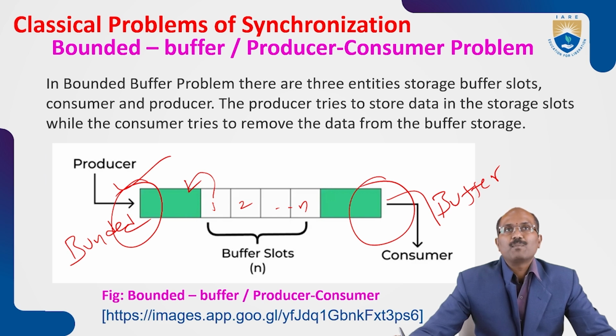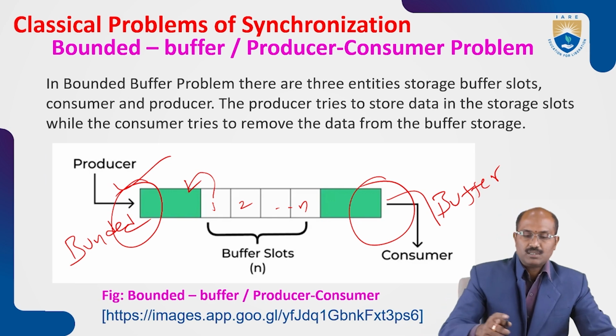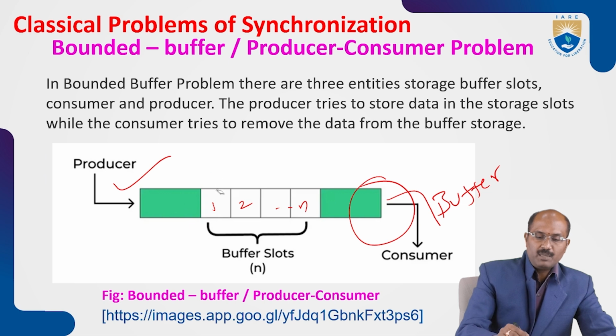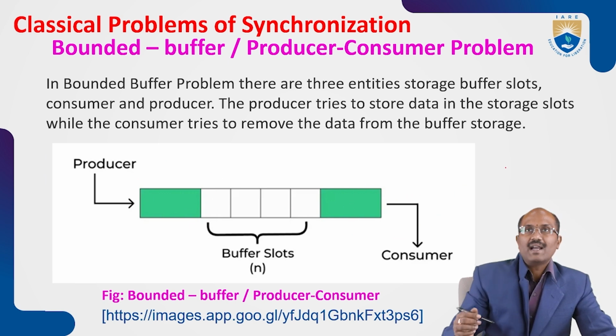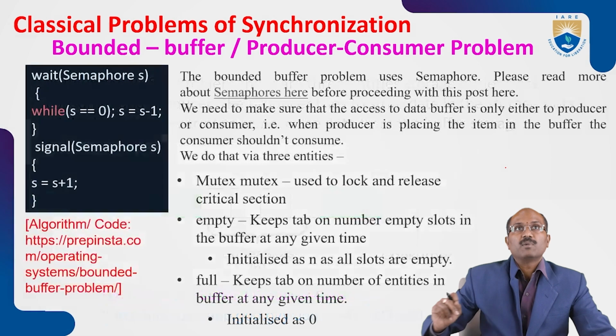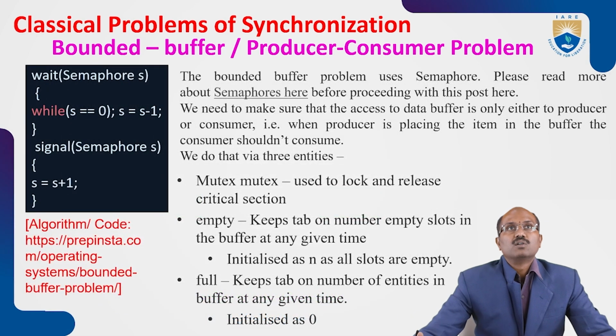Let me take n slots in between the producer and the consumer, like bounded and buffer. This problem can be solved by the full and empty semaphores, using wait and signal.